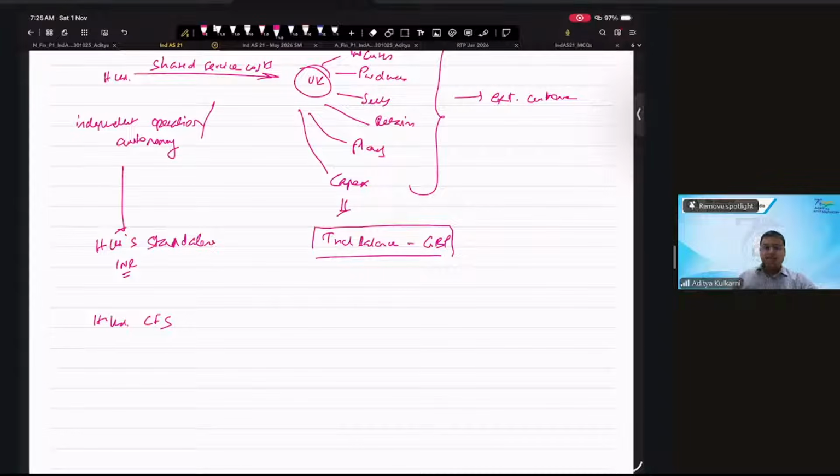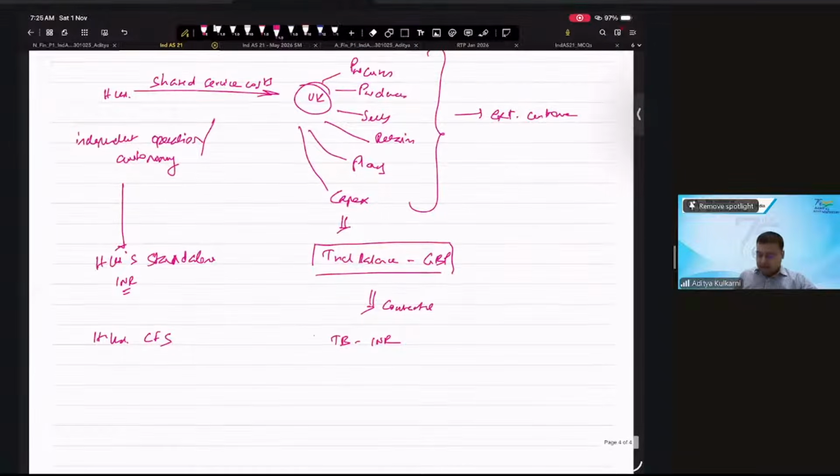So when that is there, this trial balance, which is in GBP, has to be converted into a trial balance in INR. And this will then be merged or consolidated with the trial balance of the parent company to give you a consolidated TB, or rather a consolidated set of financial statements.